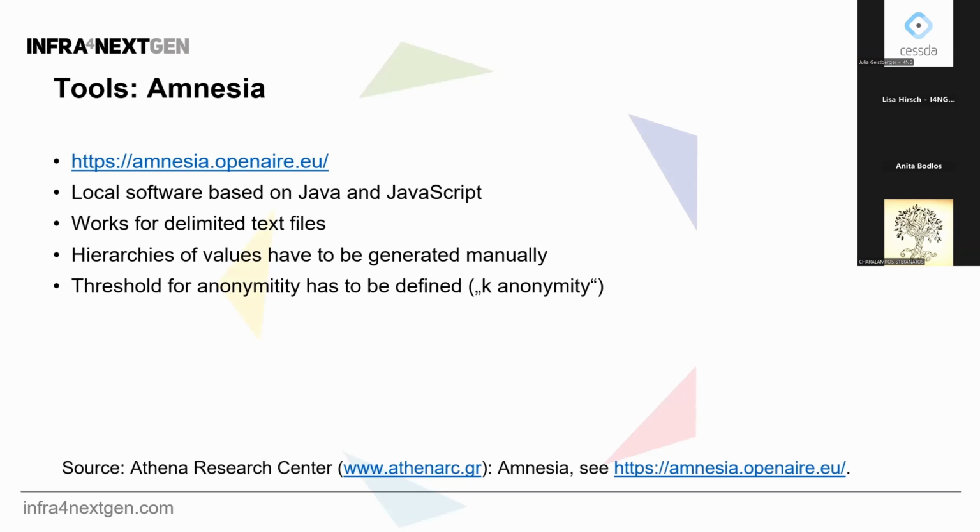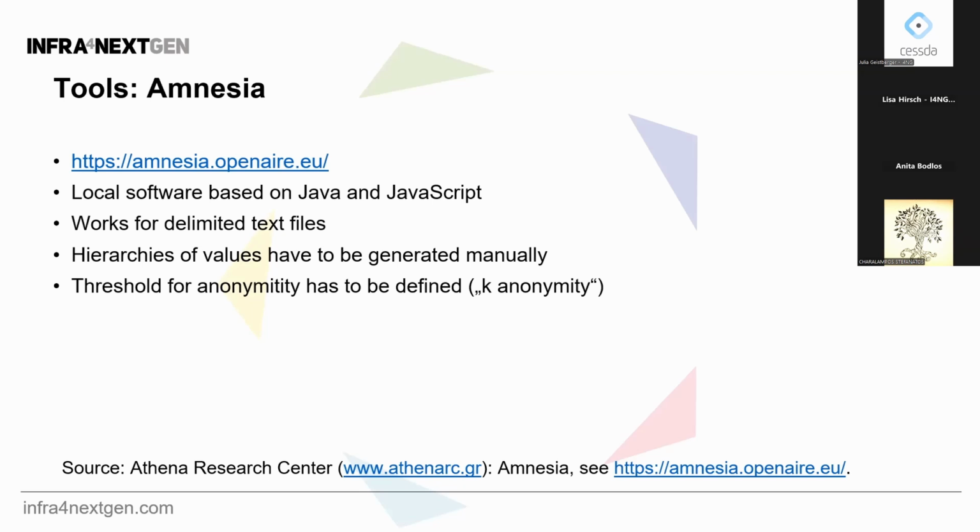How does Amnesia work? Basically by aggregation. So you have to define a hierarchy of values yourself, manually. For some variables, there is already a scheme online, but basically you have to define your hierarchies yourself, like for instance, countries to broader geographic regions and so on and so forth.